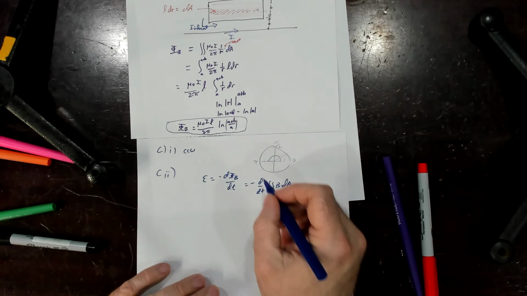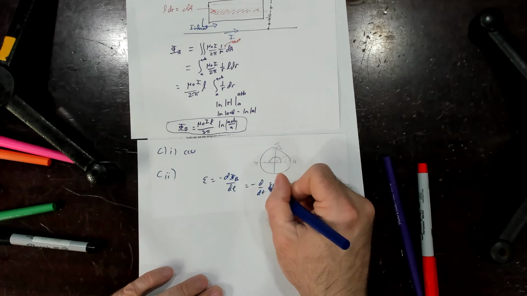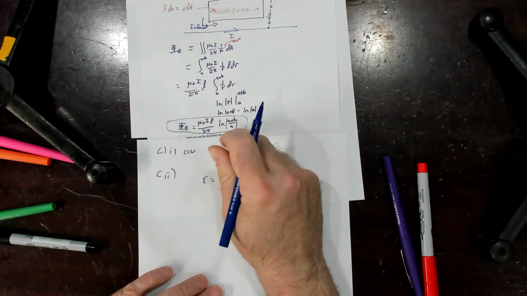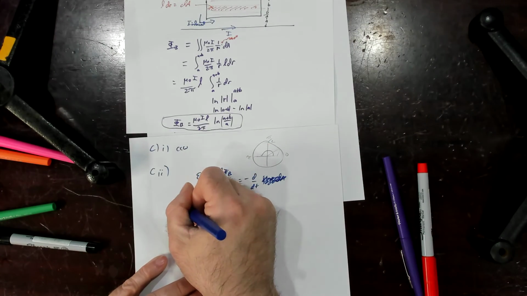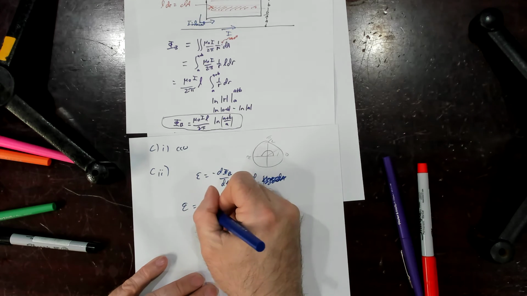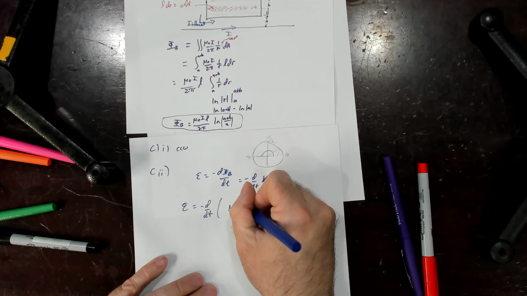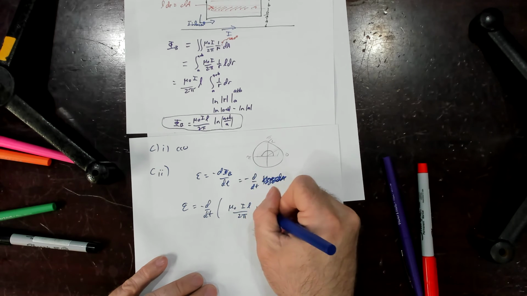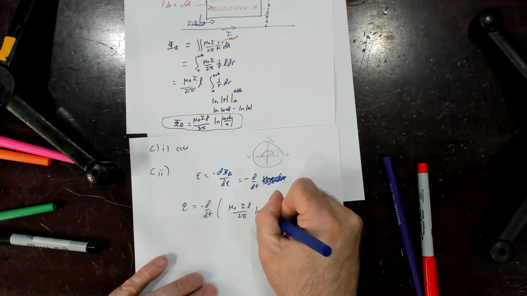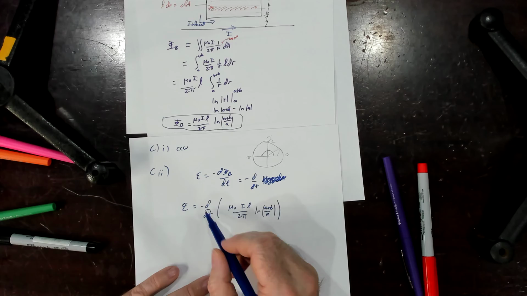You say, what am I doing? We calculated the flux here. Now I just want the rate of change of this function that we got before. So, sorry, what a mess. My induced EMF is negative d dt of mu naught I L over 2 pi natural log of A plus B over A. And you say, but wait, which of these are changing with time?